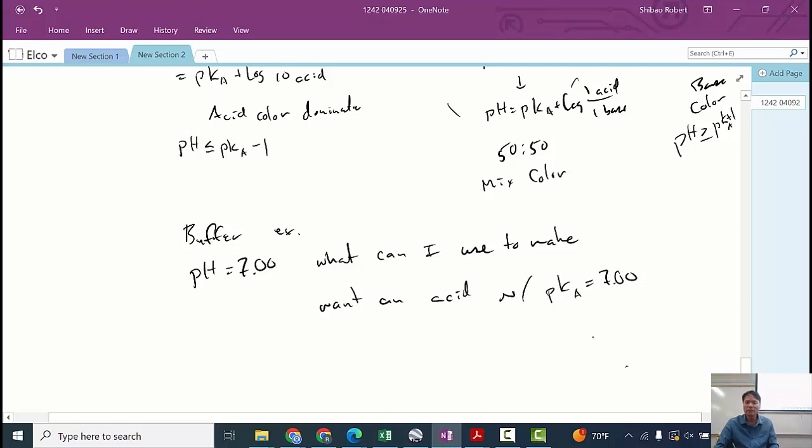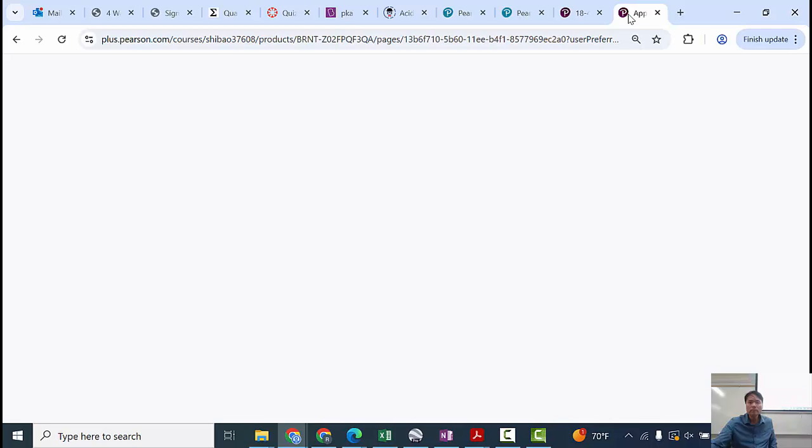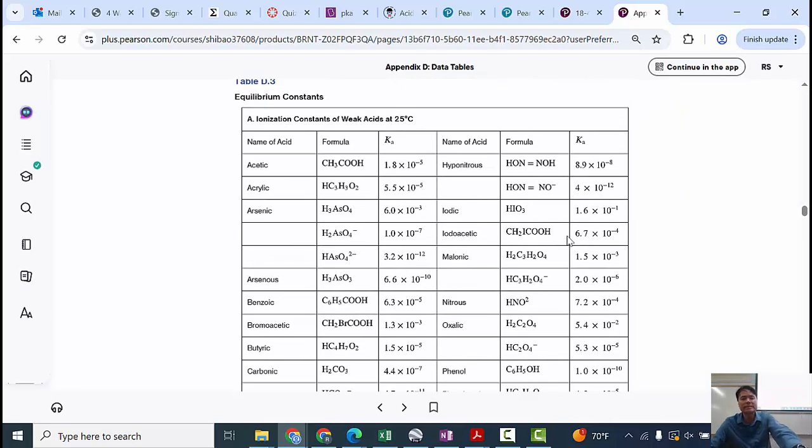But the problem is, do I have something with a pKa of 7.00? Well, a pKa of 7.00 is a Ka of 1.0 times 10 to the minus 7. So I'm looking for something as close to a Ka of 1.0 times 10 to the minus 7. So let's take a look at our choices here and see if I have an acid that has a Ka of 1.0 times 10 to the minus 7.